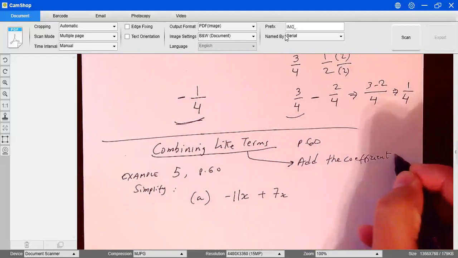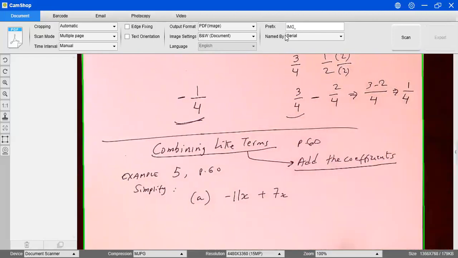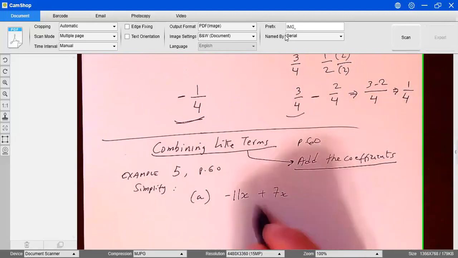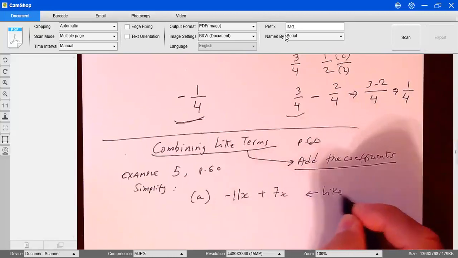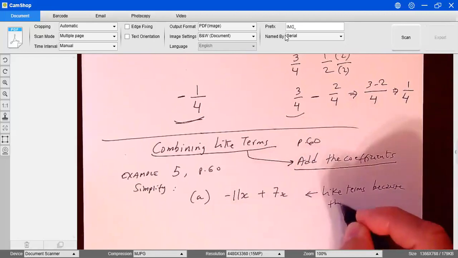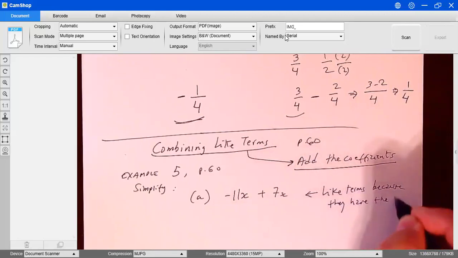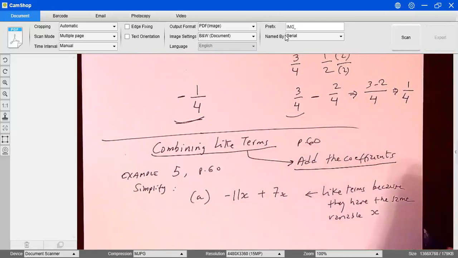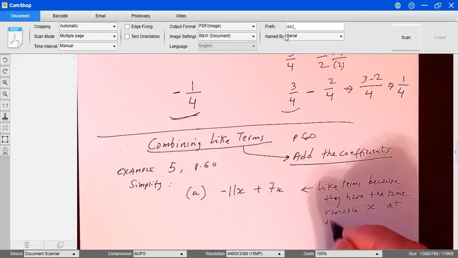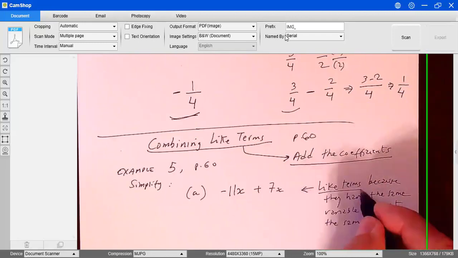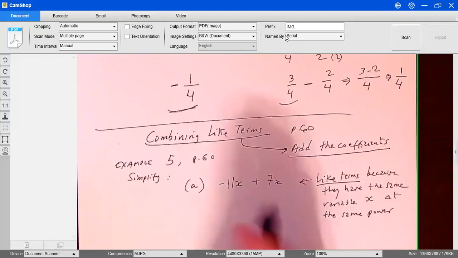So that's the clue, add the coefficient. So in this case, we have these two terms, and you can see that these are like terms because they have the same variable, in this case x, at the same power. So that's the reason that these two are like terms, so we can combine them.